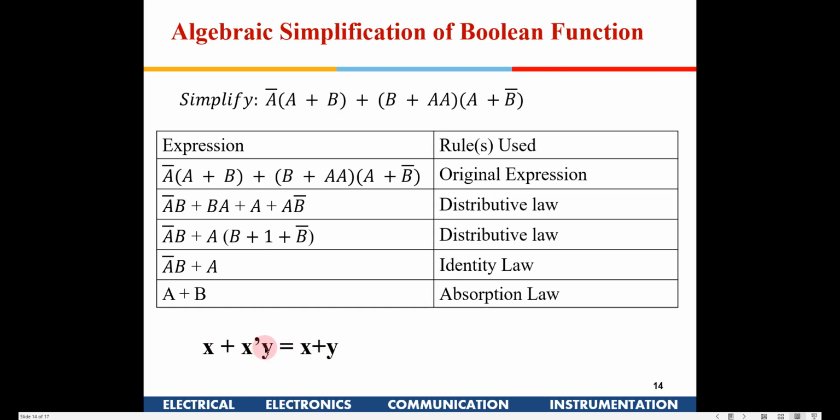This x bar becomes redundant, so you can write it as x plus y. So that rule has been used here. You have to remember this one additional variation of the absorption law: x plus x bar y is equal to x plus y. That is another important rule, which you can remember as part of the absorption law. So that will simplify this expression as A plus B.